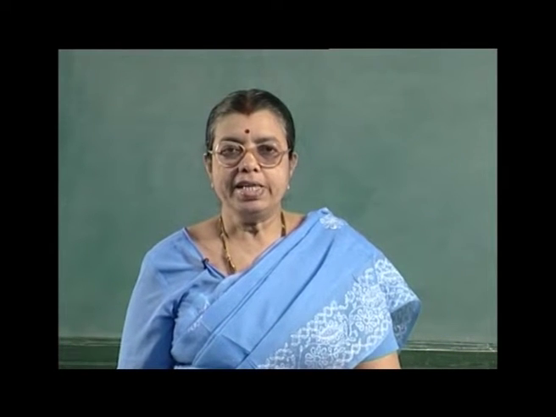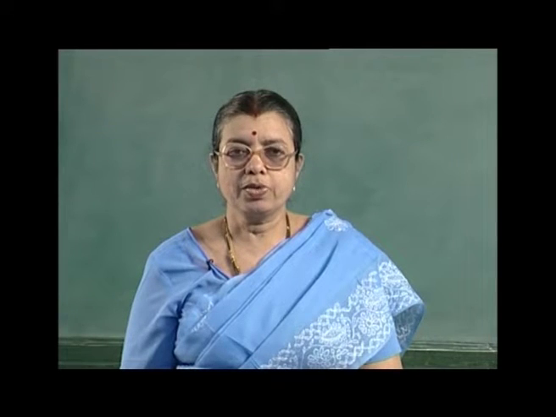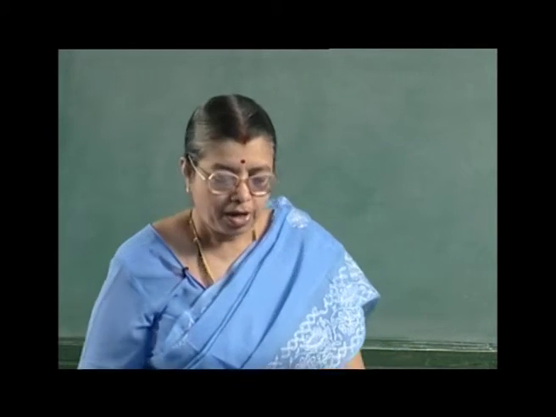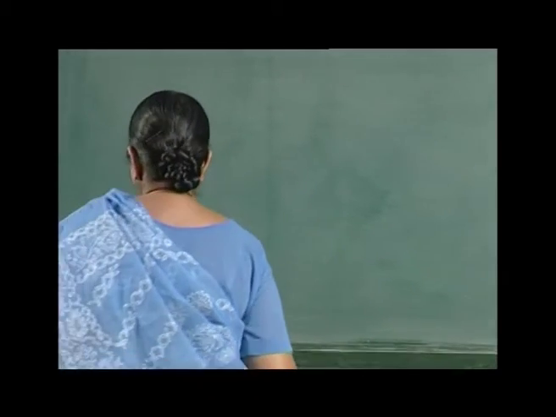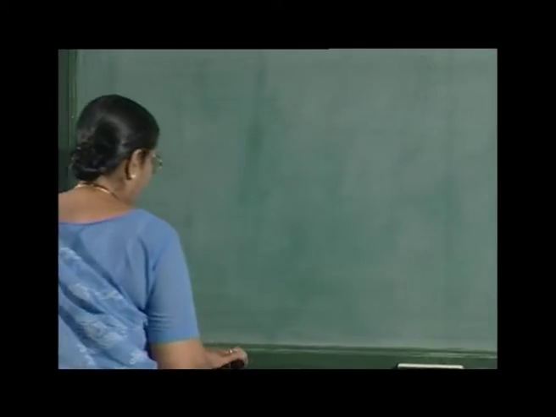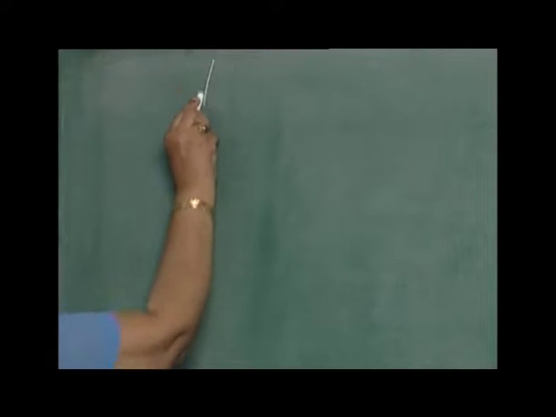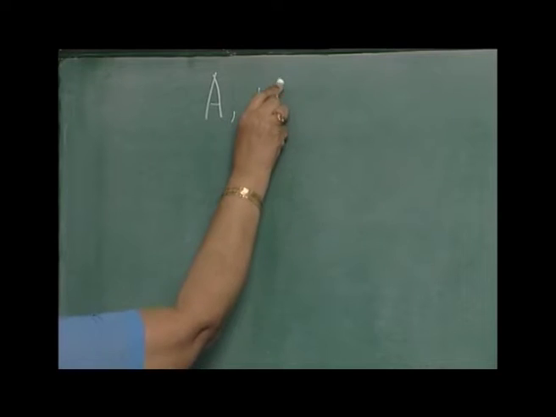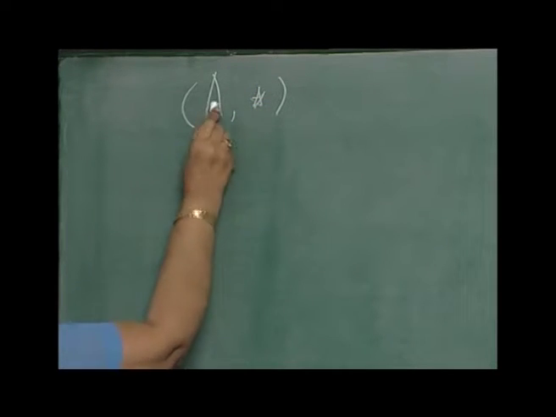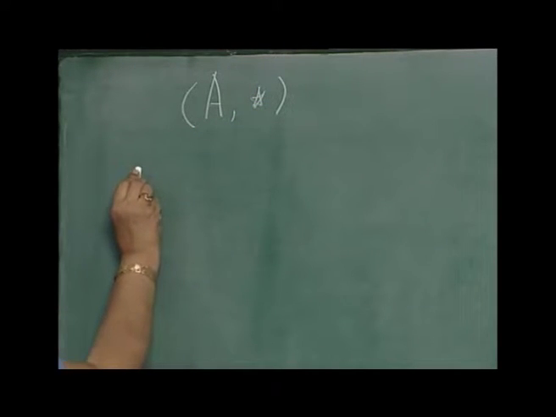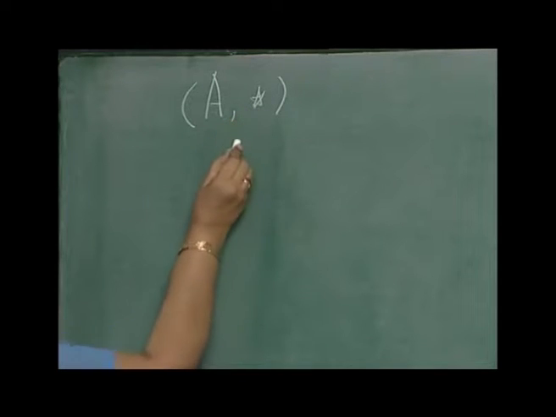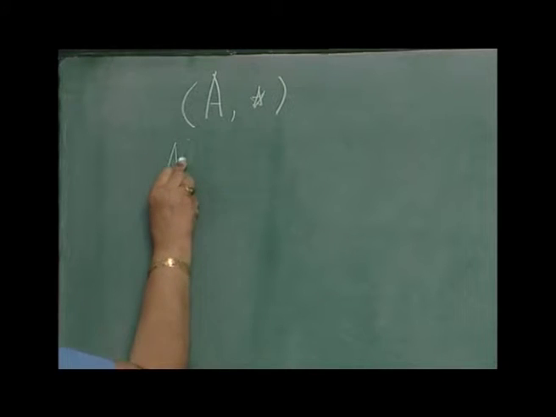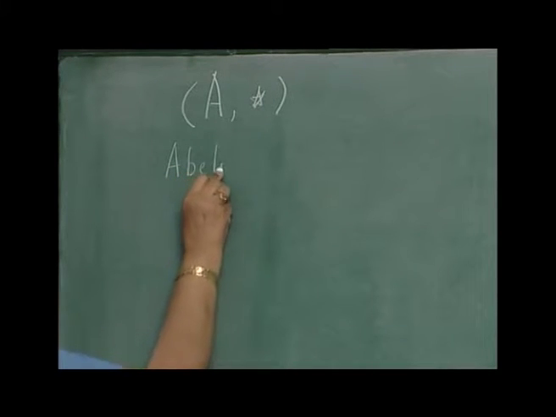Now, if in addition the commutative property is also satisfied, then the group is called an abelian group or a commutative group. Usually we denote a group by the underlying set and an operation star. If this binary operation satisfies the commutative property also, then it is called an abelian group.